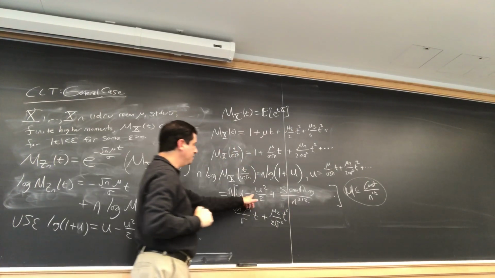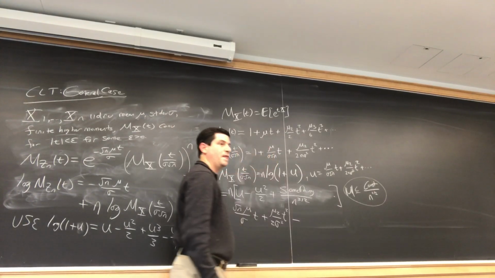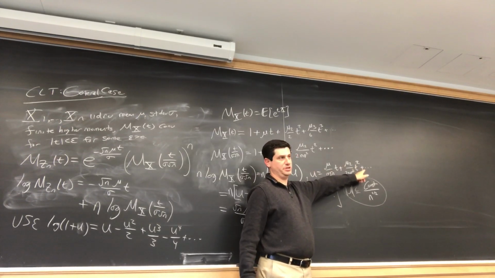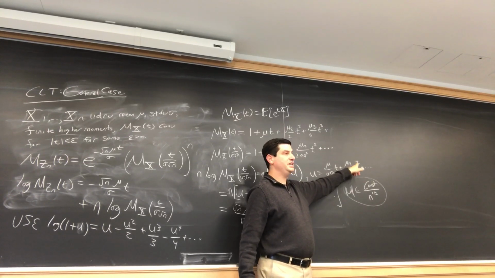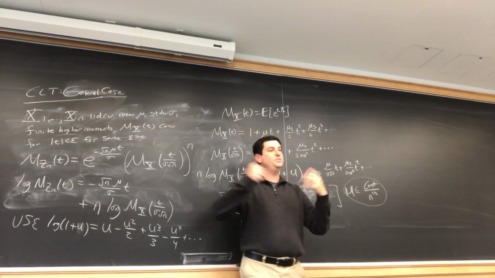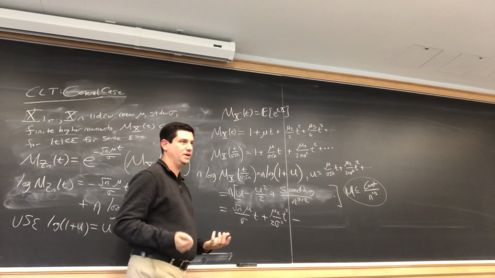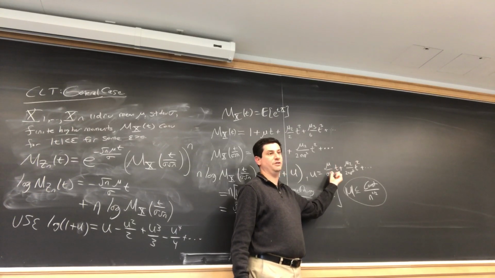Now let's look at the minus n times u squared over 2. When I square u, I don't care about any of the t cubed terms. I don't even care about a t squared term, because if a t squared term either hits itself or a t term, it's going to be a t cubed term, and it'll be divided by an n to the 3/2. All I care about is when u t over sigma root n hits itself.